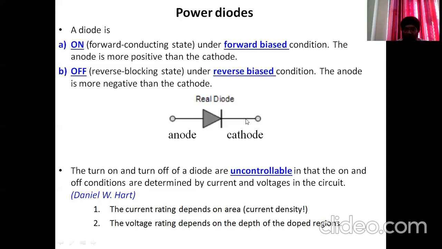So this is the symbol, similar to the signal diode. The turn on and turn off of a diode, as we said earlier, is uncontrollable. We cannot control either the turn on or the turn off. Only the circuit conditions will manage the switching on and off of the diode.